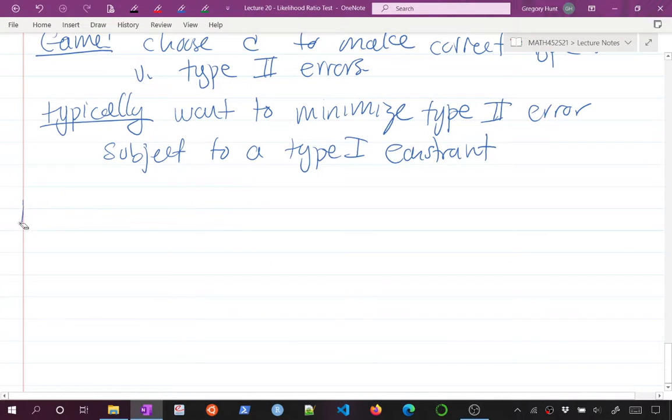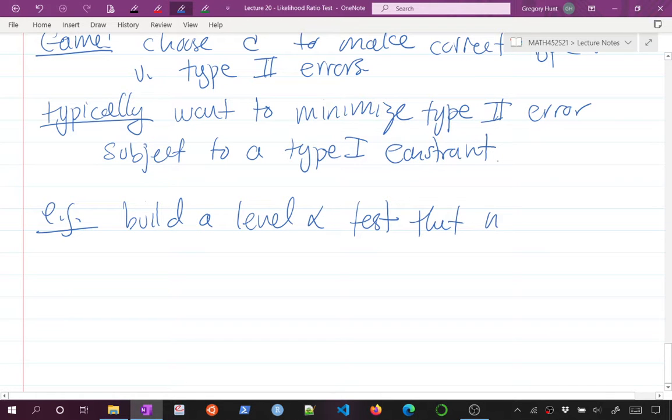For example, build a level alpha test that minimizes type 2 error.